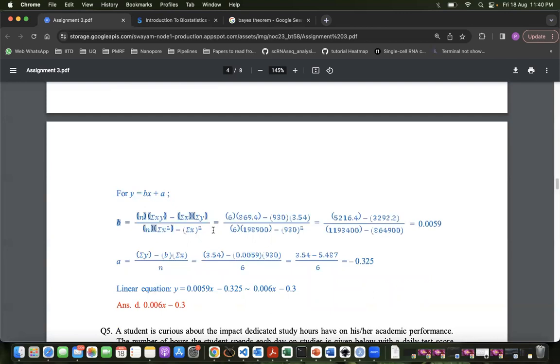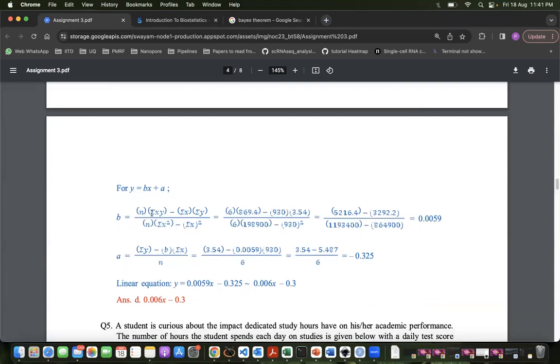So b is defined in terms of the correlation coefficient, with some formula. You can check the derivation again, but basically you calculate b, and then plug that value of b into y minus bx upon n.